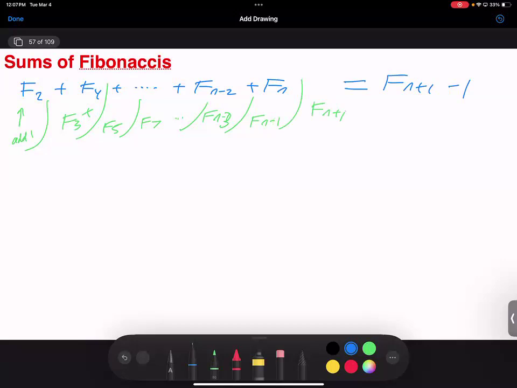All right, what if we gave the even indexed, sorry, the even indexed Fibonacci numbers, not the even Fibonacci numbers? What if I gave you the odd indexed Fibonacci numbers, F1 plus F3 plus F5 plus F7 plus dot dot dot plus F2n minus 3 plus F2n minus 1.